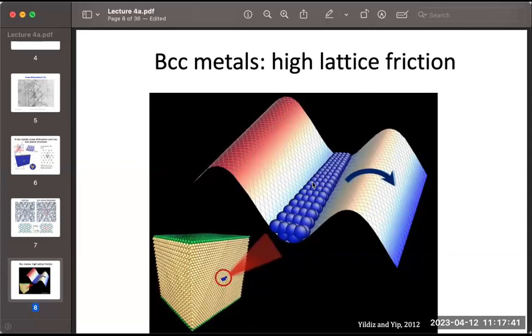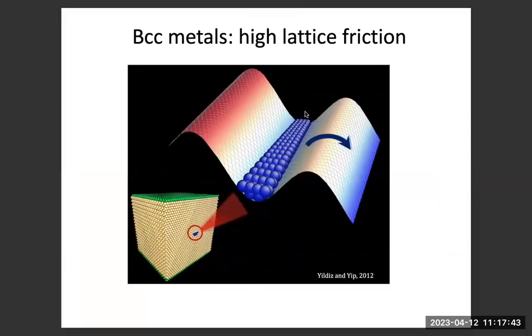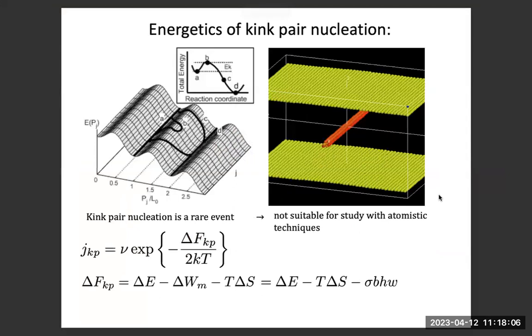Our dislocation will want to move from one energy state to a lower energy state, but we need some thermal activation because the screw core is not planar, compact, and we have high lattice friction in BCC materials.